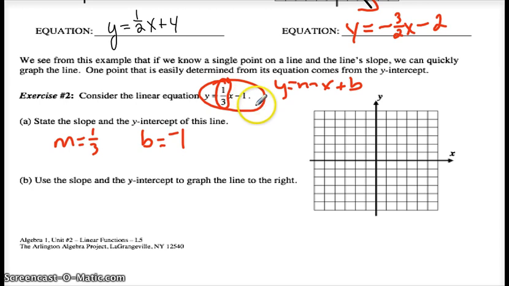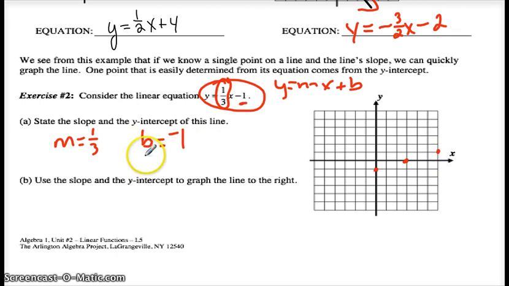So if we're given the equation, we're actually given a slope and a point. The point happens to be the y-intercept. And so we can plot that point, -1, and use our slope, up 1 over 3, to plot several more points.